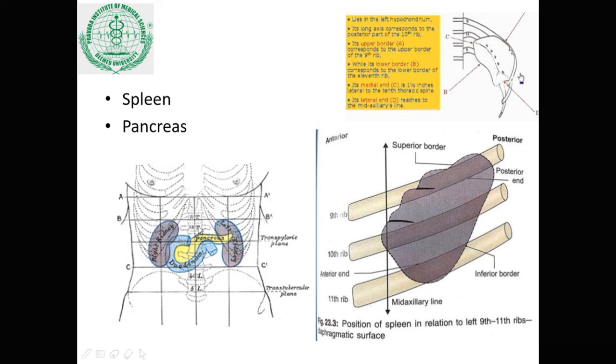The body of the pancreas can be represented by two parallel lines, which is around 10 centimeters long and 3 centimeters apart, going to the left from the neck, and the tail of it extends to the left as far as the hilum of the spleen. So this will become the outline of the pancreas.